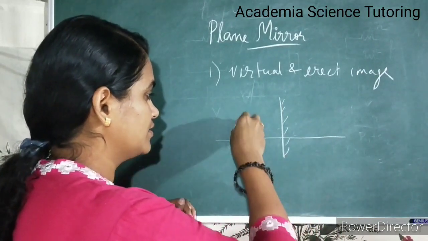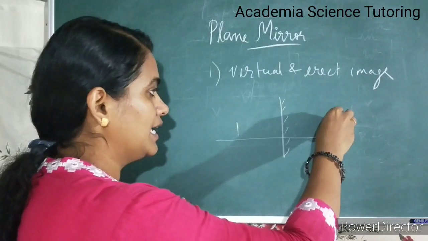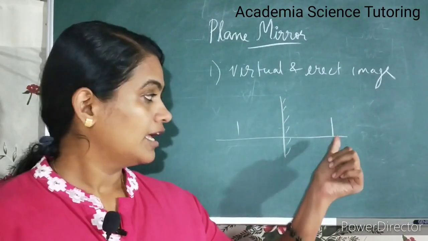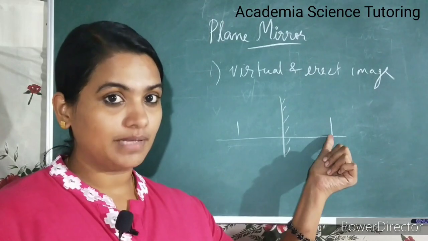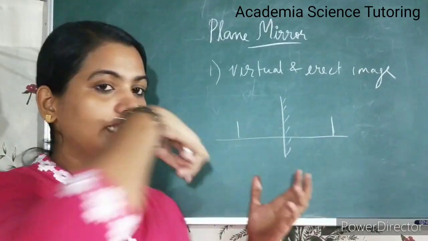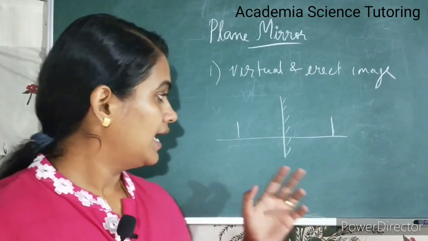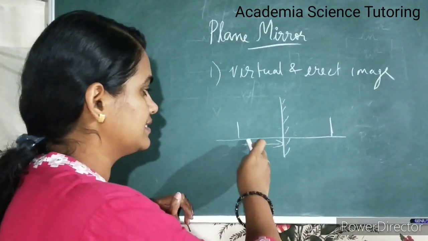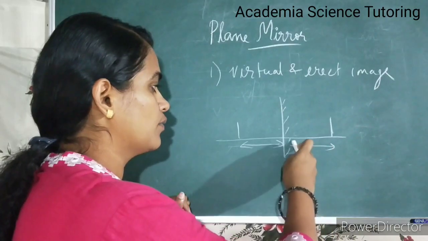Then suppose here is the object. The image will be formed behind the mirror. The size of the object and the image will be equal, and this distance also will be equal.